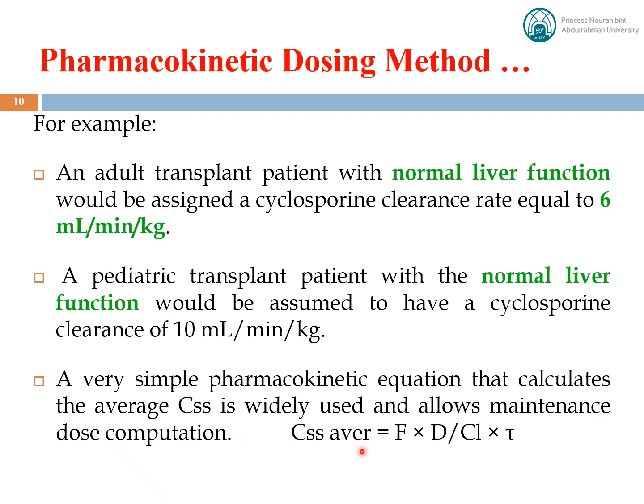Now, the average steady state concentration equals F multiplied by D divided by clearance multiplied by tau. D is the maintenance dose, clearance, tau is the dosing interval, and F is the relative bioavailability.